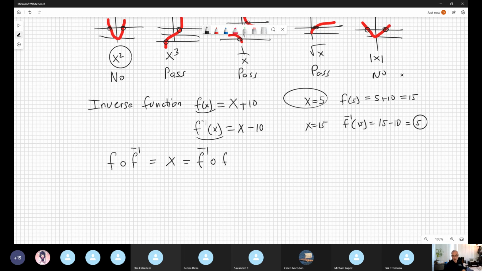When you have two arbitrary functions, for example G and F, F composed with G is not equal to G composed with F. But in this particular scenario, it always happens: the inverse and the function composition give me the identity.